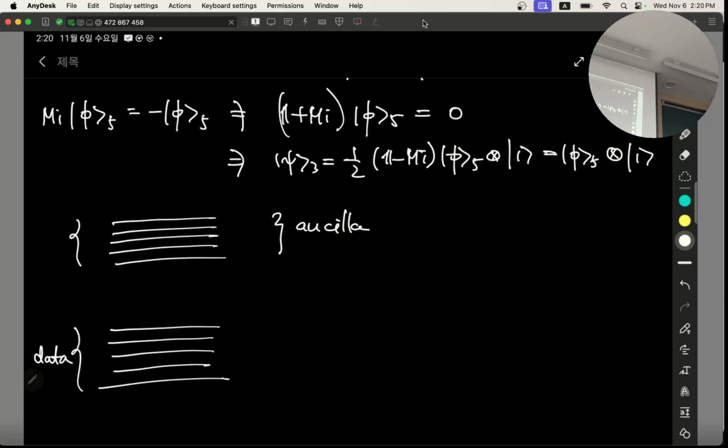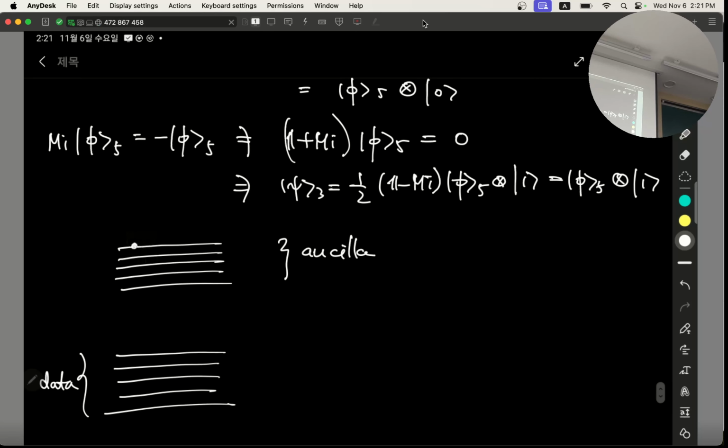You don't change the eigenstate. You don't change the fact that the data qubit has some eigenstate of the Mi gate. Still, you can detect whether it's a plus 1 eigenstate or minus 1 eigenstate.